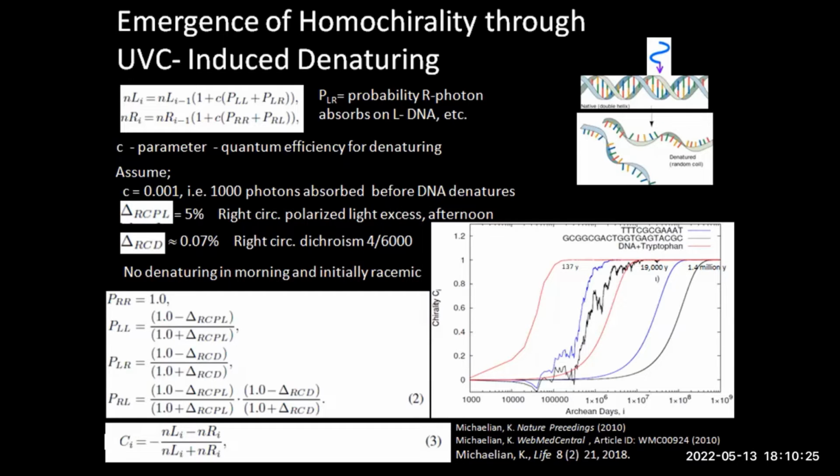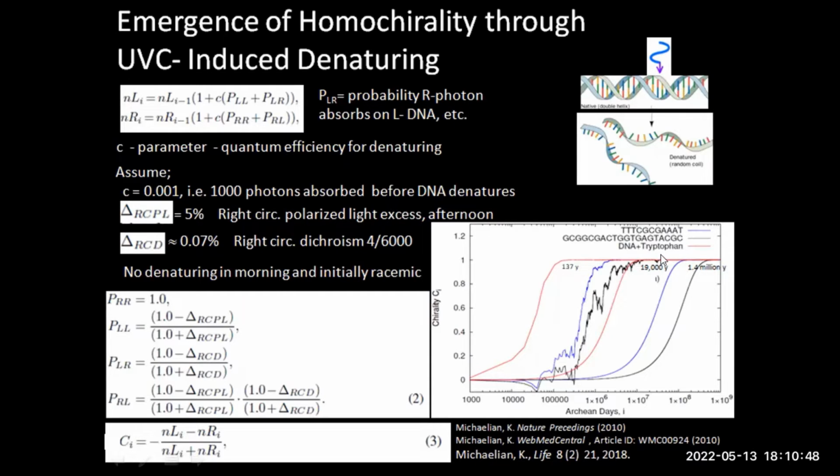So we need a certain number of photons. So it's a threshold, if you like, in energy to being absorbed. And in that case, we have three calculations here for the three different systems. These are double-strand DNA, a short strand, a longer strand DNA, and DNA with tryptophan.